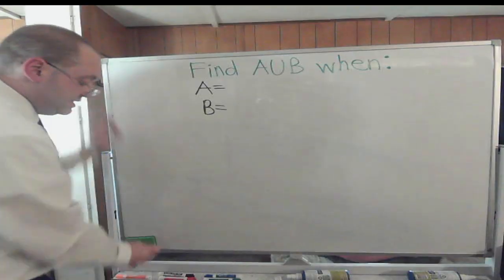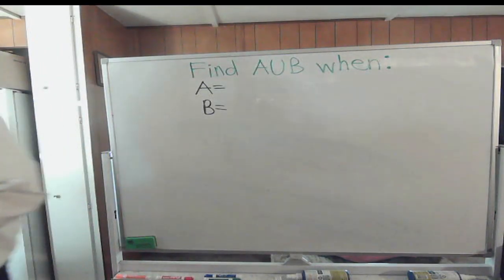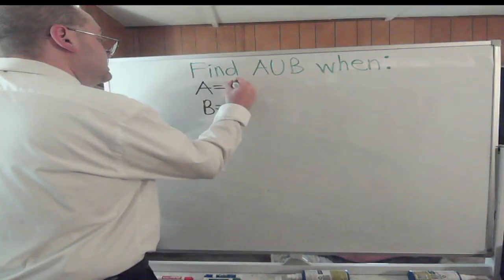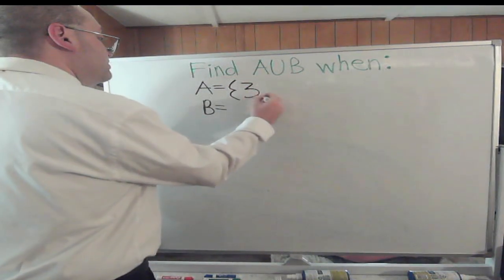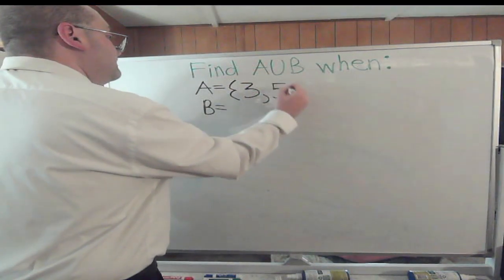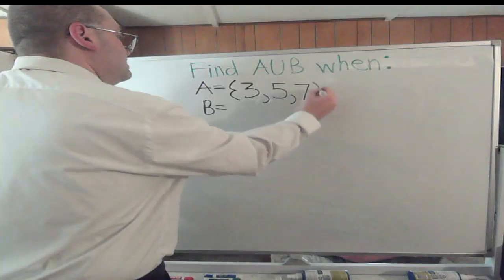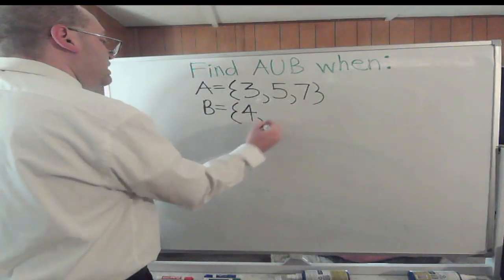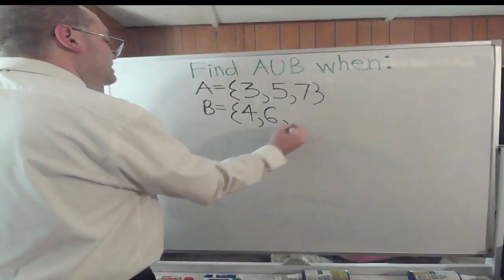All right. Next problem. Set A has the members 3, 5, and 7. Set B has the members 4, 6, and 8.